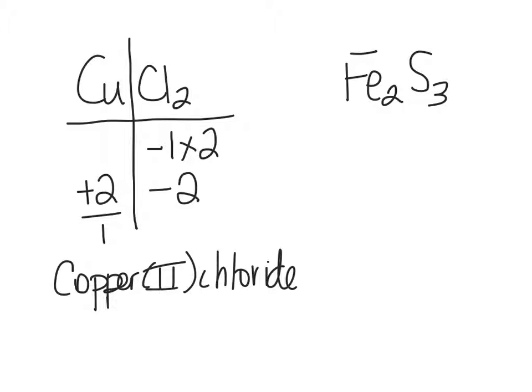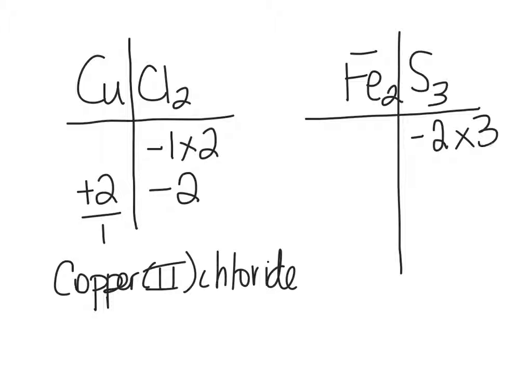Here's another one. We've got a compound containing iron and sulfur. Break it down into the positive and negative. We know that sulfur has a charge of -2. There's 3 of them because it's S3, so we're going to multiply by 3. So the total negative is -6.